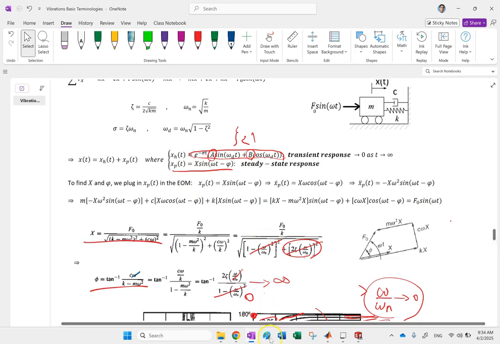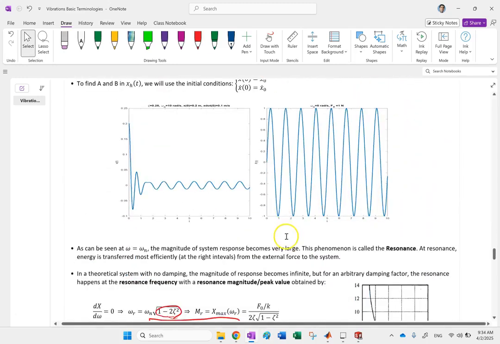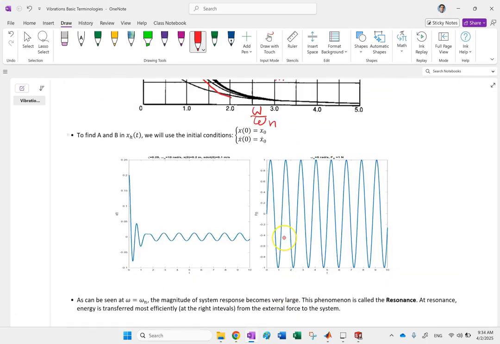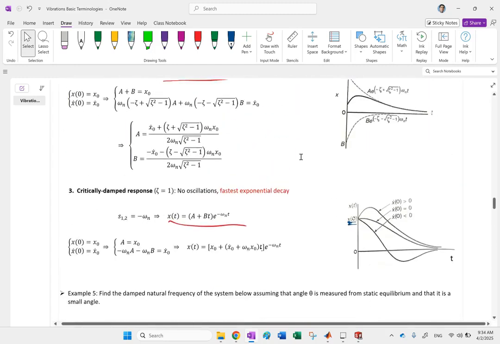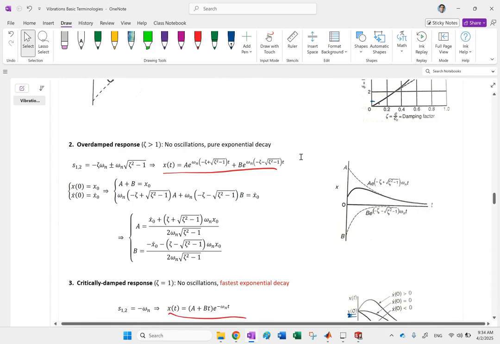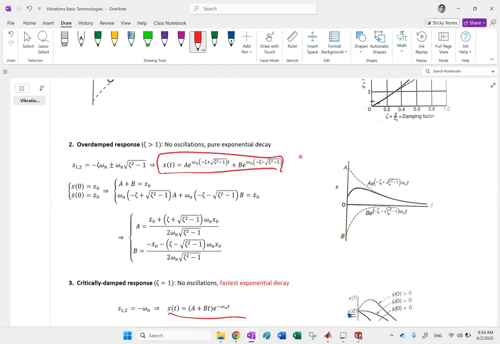Well, of course, you have to use initial conditions. So we have to plug in the two initial conditions, x0 and x dot 0, and that should give us A and B. Now pay attention, if you remember last time when we did find A and B, what did we do? We plugged into the homogeneous solution one time t of 0 for x, one time t of 0 for x dot, set them equal to these constants, and we found A and B. Good.